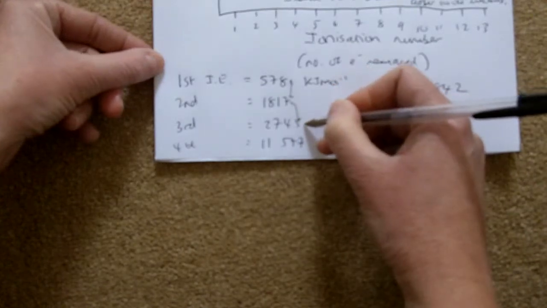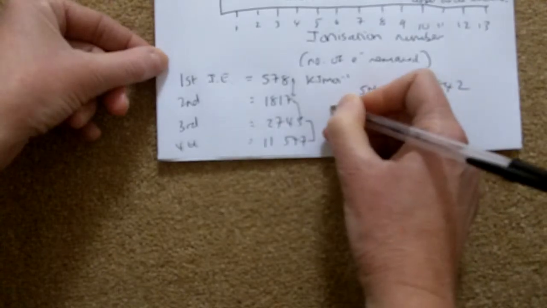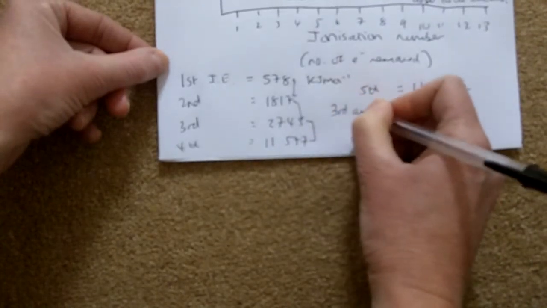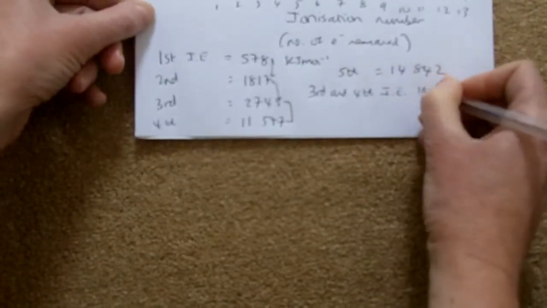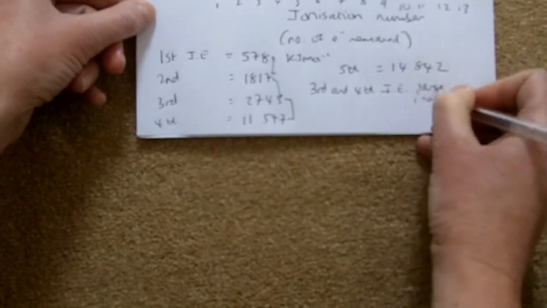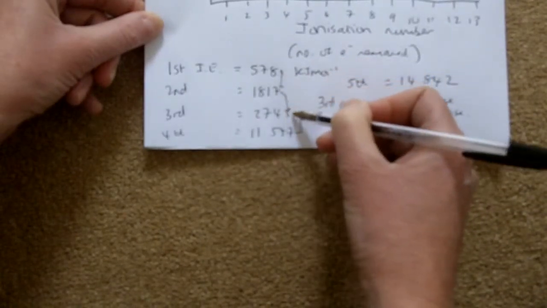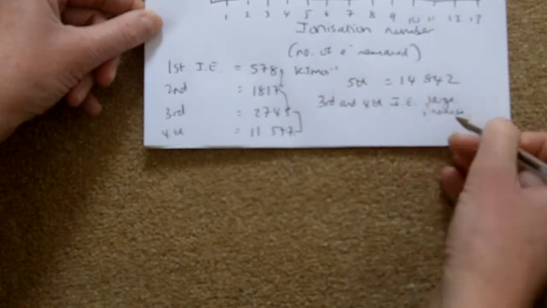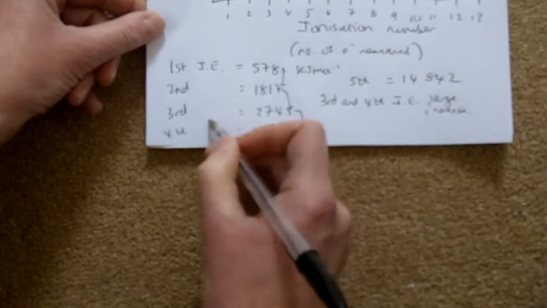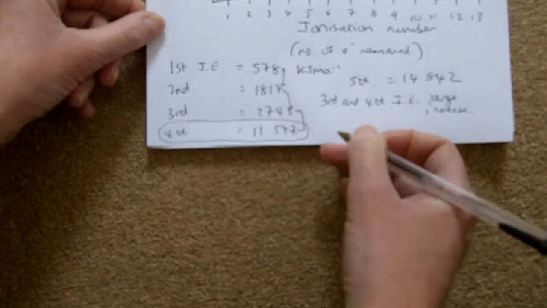Then all of a sudden, a big jump between the third and the fourth, about 9,000 kilojoules per mole. There's a large increase, so the fourth electron is really difficult to remove.